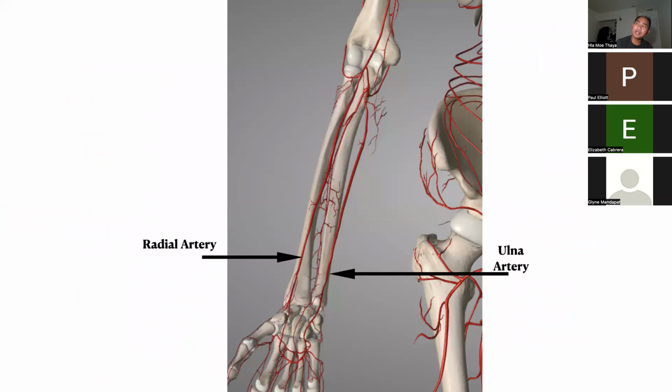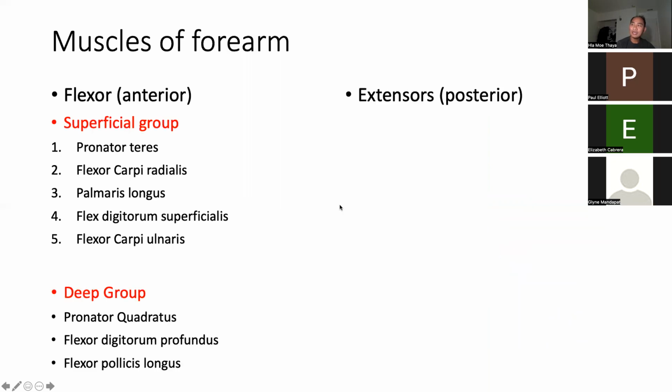So now brachial artery, after crossing the elbow joint, it divides into radial artery and ulnar artery. Yeah, so that's easy now, easy for us. We know that on the radial bone, and this is ulnar bone, and muscles of the forearm.